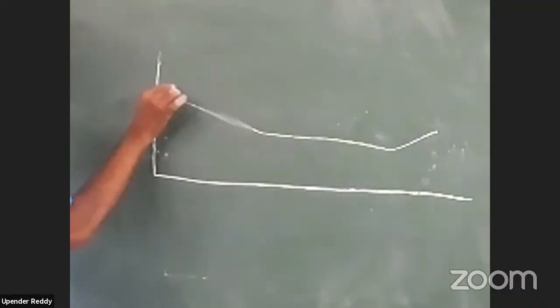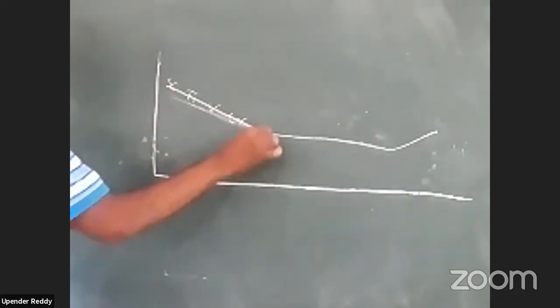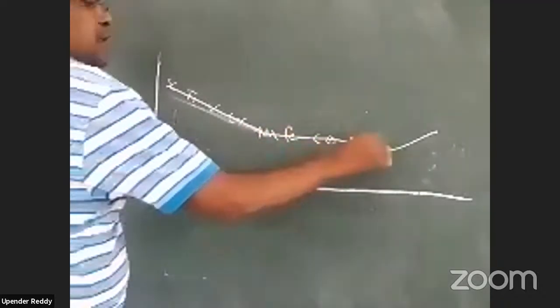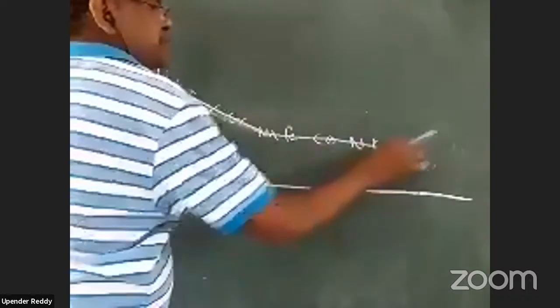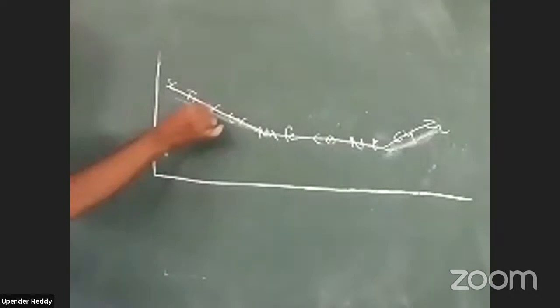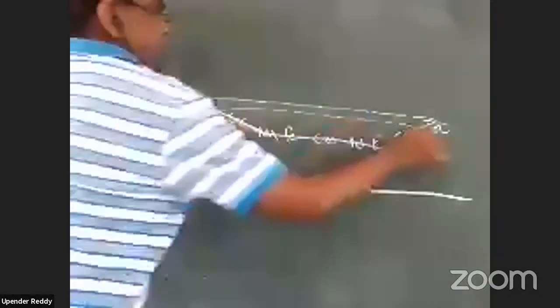See here: scandium, titanium, vanadium, chromium, manganese, iron, cobalt, nickel, copper, zinc. Vanadium and zinc are almost the same size.